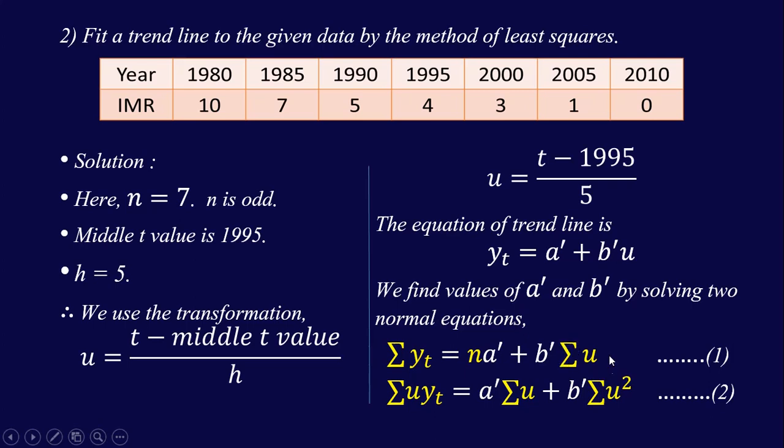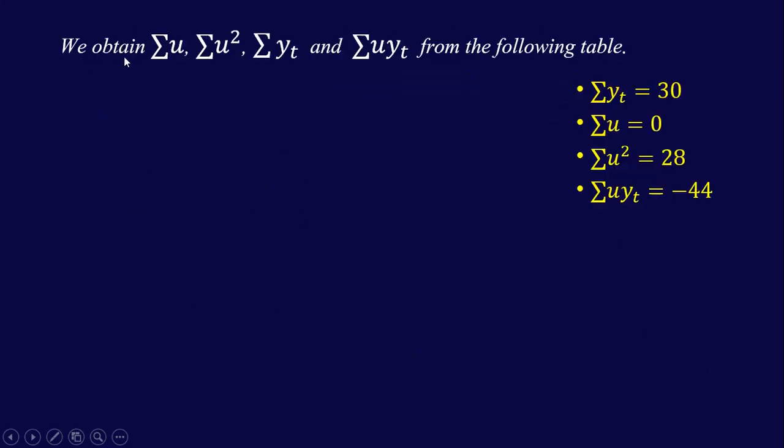To get summation u, we require a column for u. To get summation u yt, we require a column for u yt. And to get summation u square, we require a column for u square. So first we prepare the table. We obtain summation u square, summation yt, summation u yt from the following table.